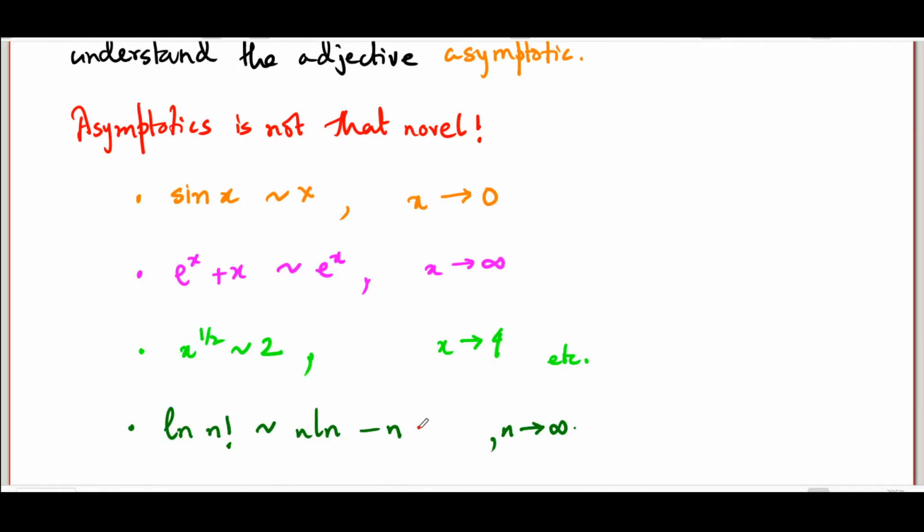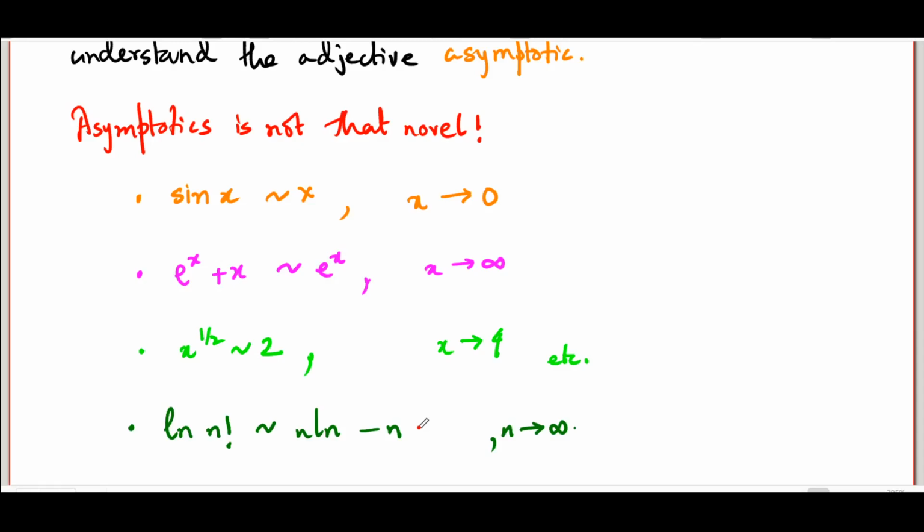We actually use the idea of asymptotics all the time. For example, sin x is asymptotic to x when x is small. That's something which we have used often enough, especially when we talked about the simple pendulum equation being an approximately simple harmonic equation by replacing a sin theta there with theta.